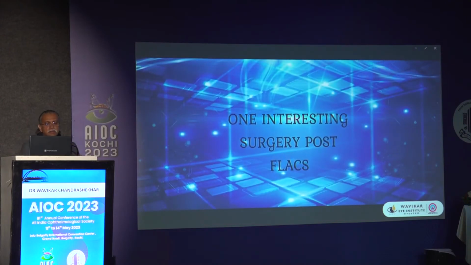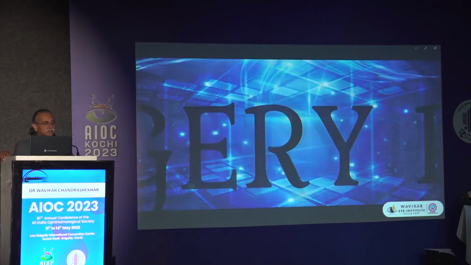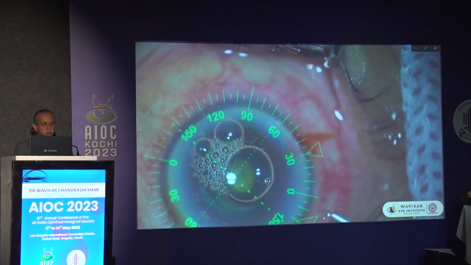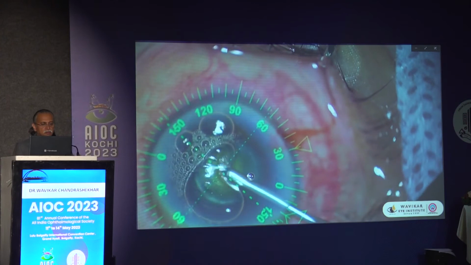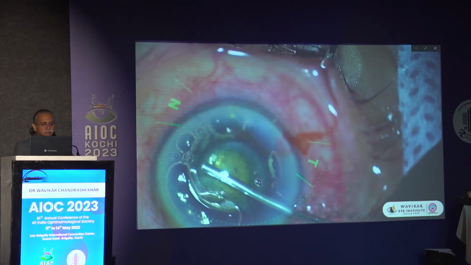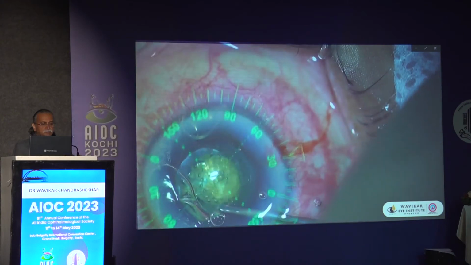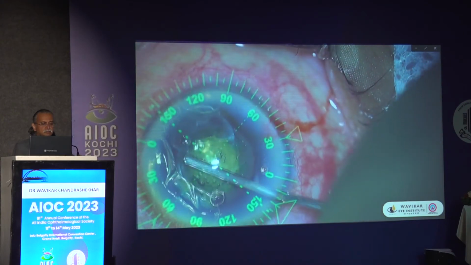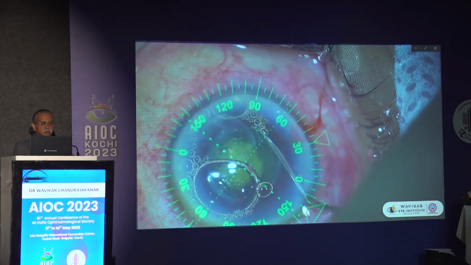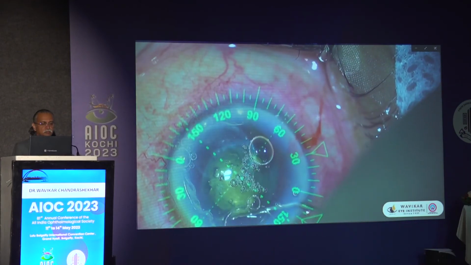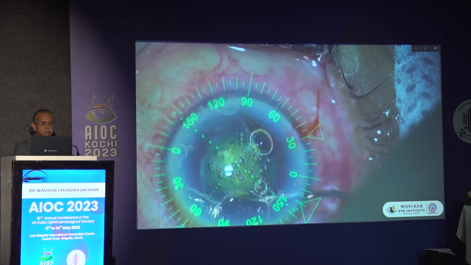Now there is one interesting surgery I'd like to show, a 72-year-old lady. I started doing FLACS, a normal case, everything going smoothly, incisions opening properly. Hydrodissection, I don't do hydrodelineation, and after injecting visco, I started doing phaco.